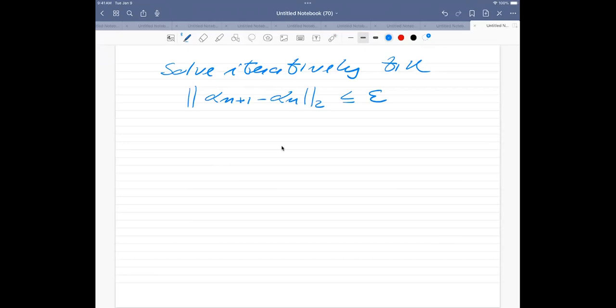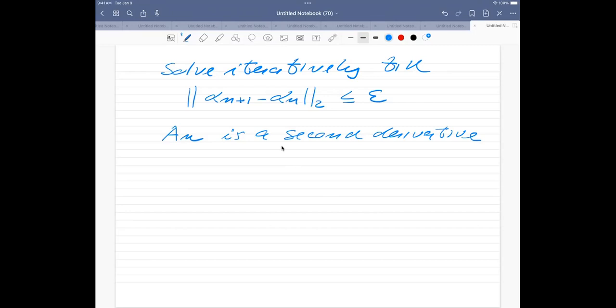Now, what you see here is that you have a second derivative. So the quantity a_n is a second derivative, and this can be a large matrix, and we have to invert that matrix for every iteration. And this is often something which we want to avoid.